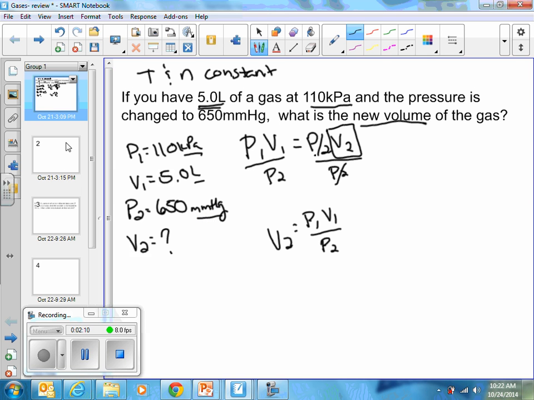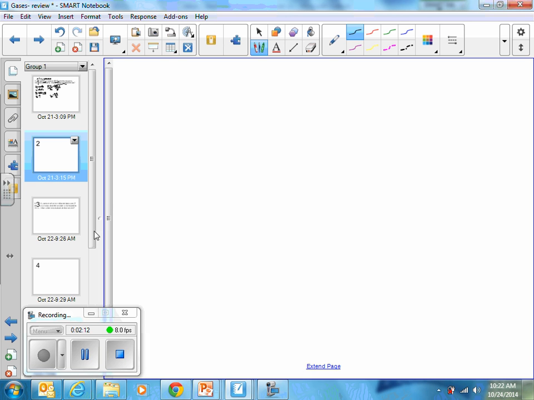We have to convert. To convert units, we have to know the ratio between our units. The ratio is 760 mmHg is equal to 101.325 kilopascals. So this is a given ratio. We know this. We need to use it to convert.